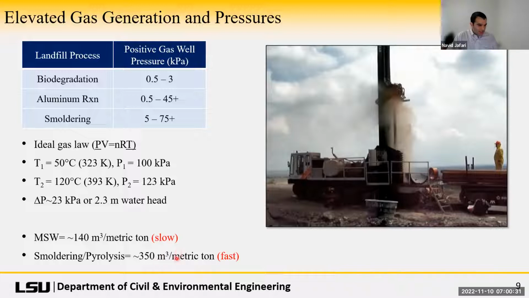So not only is that over 2.5 times greater than just MSW decomposition, but this is a much faster process. So I think of it as one third ideal gas law thermodynamics, the other two thirds we're producing a lot of gas because we are thermally breaking down the waste.